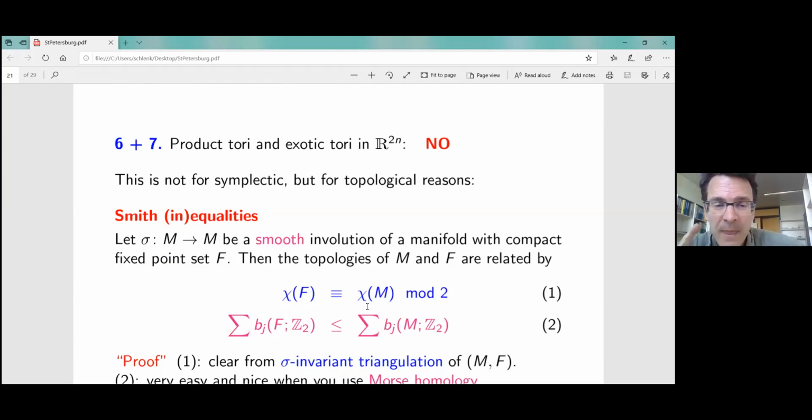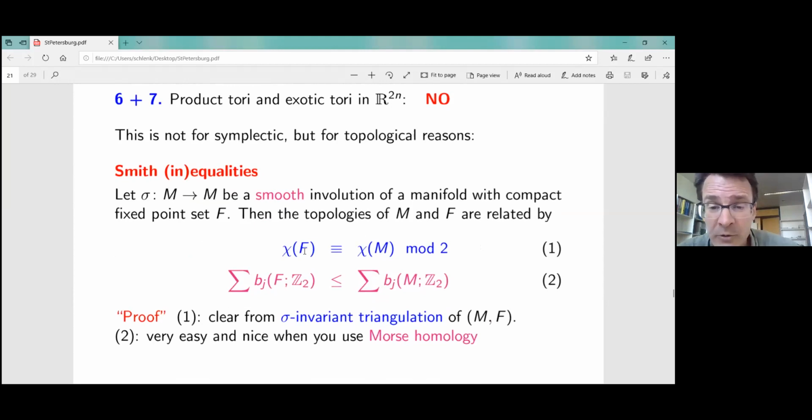Then the topology of the fixed point set, which is a smooth compact manifold, is actually quite tightly constrained by the ambient manifold M. The Euler characteristic must have the same parity, and the total Betti number cannot exceed. So the total Betti number, say over Z/2, cannot be bigger than the one of the ambient manifold.